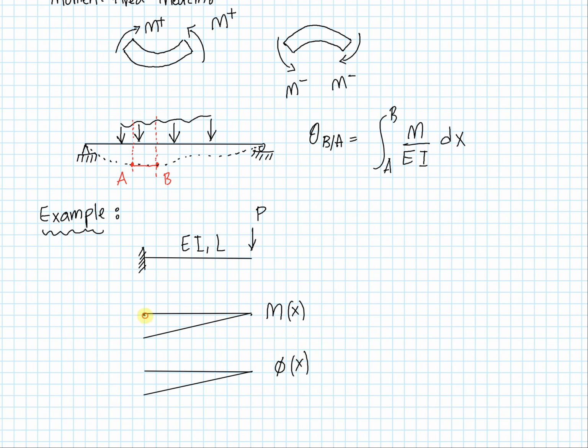And with the first one, what I have is minus PL, and some minus there. And I will also have my curvature diagram, which is my bending moment diagram divided by the sectional properties, minus PL divided by EI. So that's what I have.